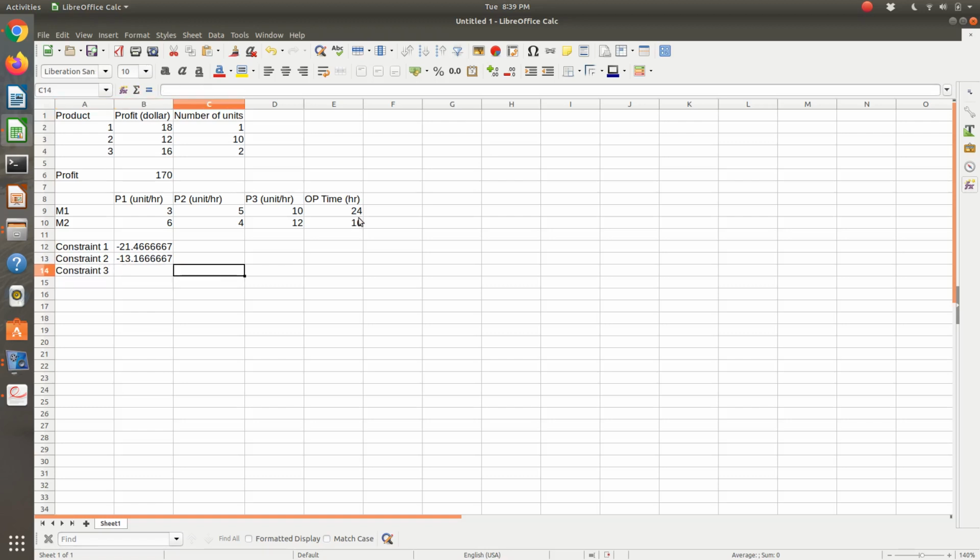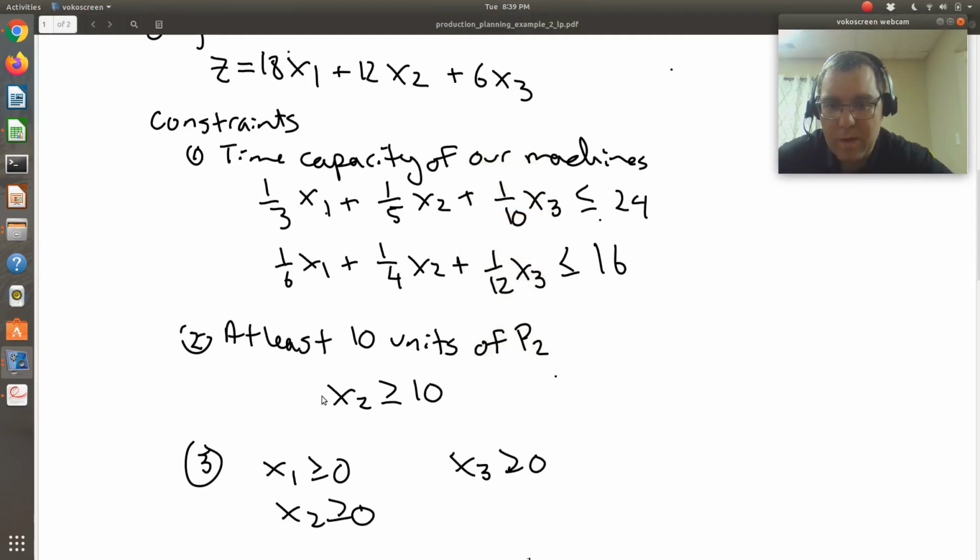So then constraint 3. Let's just define it up here. The min units of component 2 are 10. So constraint 3, I'm thinking of this one: we need at least 10 units of P2.